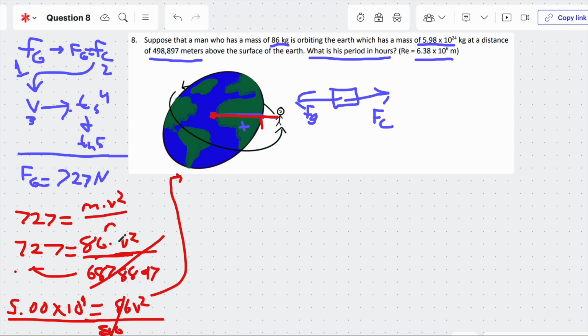Okay, that's still a long string of numbers. Mine is not rounding. Your calculator probably did. 675.8 equals v squared. Awesome.